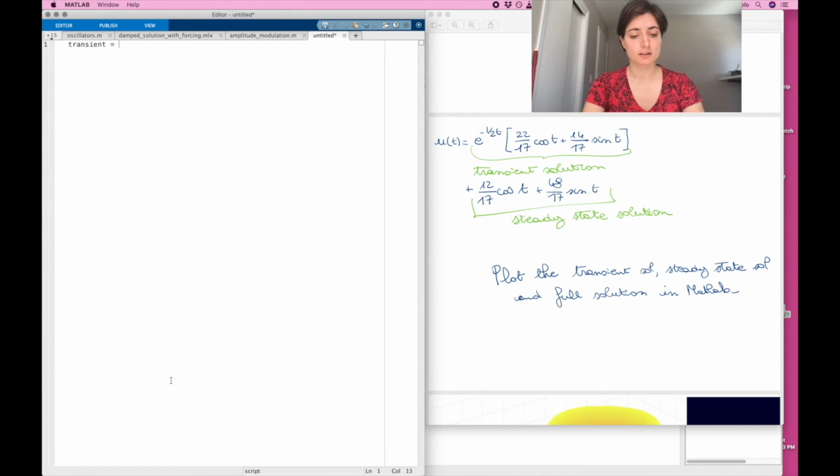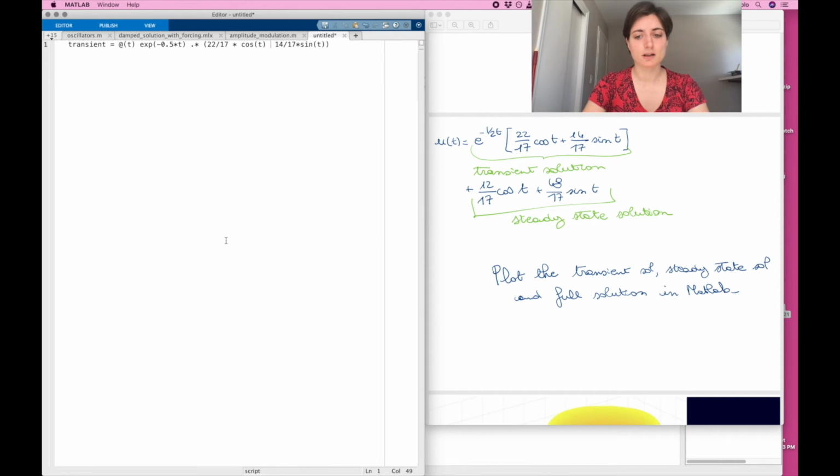So I'm going to call it transient, equal at t is a function of t, exponential of minus 0.5 times t times round parenthesis 22 divided 17 times cos t plus 14 divided 17 times sin t.